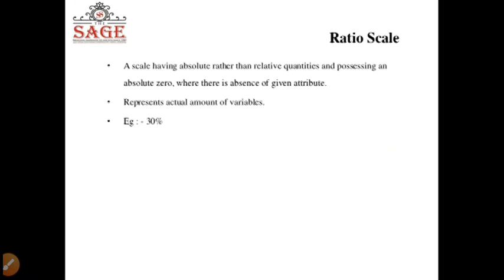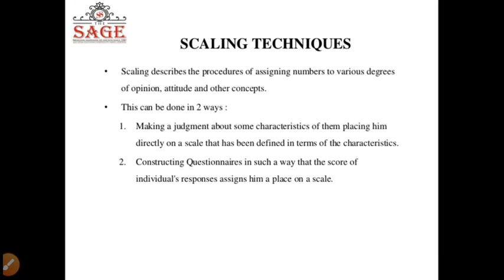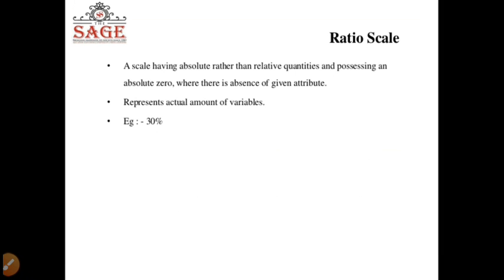There are two types of research. One is inferential research and the other is descriptive. In inferential research you need to scale your data properly, and that is why you are studying the scaling methods. The next is your ratio scale.